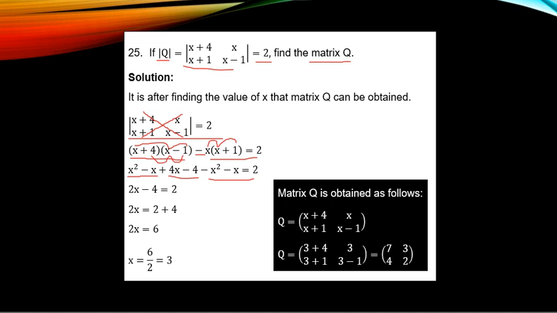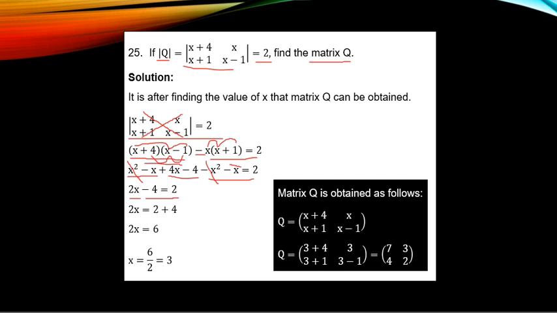If you check very well, s squared minus s squared is 0. Now minus s plus 4s is 3s, minus this s you have 2s. The constant there is just minus 4. You bring it equal to 2.